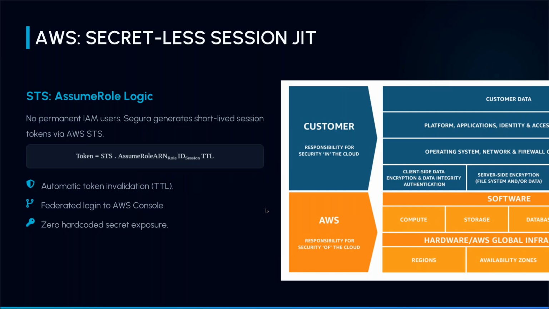So all is federally controlled by the AWS console, and we can integrate with Segura to provision and control it. There will be no hardcoded credentials that can be exposed, because they don't exist.